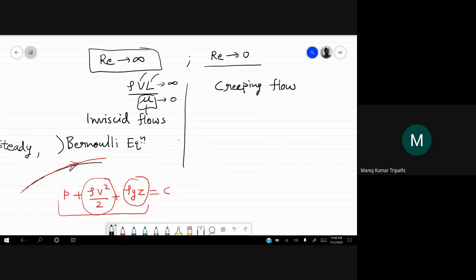What it looks like is del P is equal to del square U. This is dimensionless, so there shouldn't be a mu here.